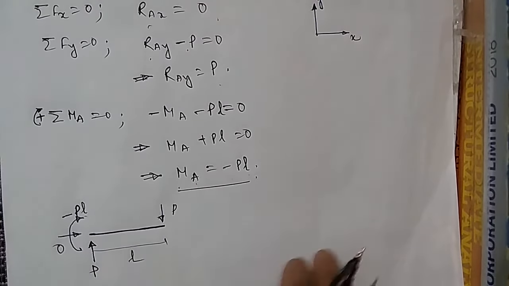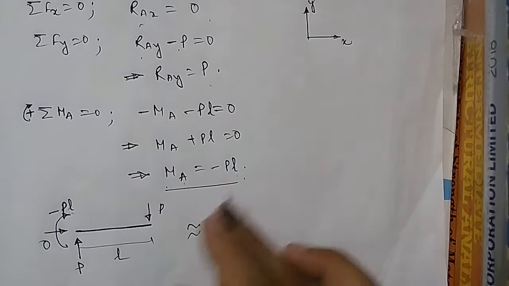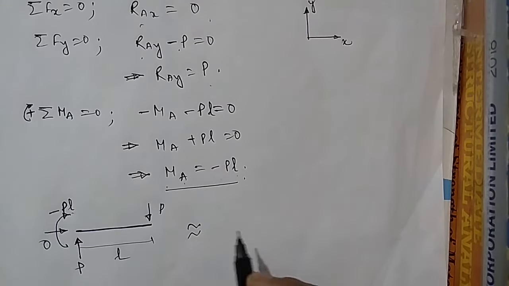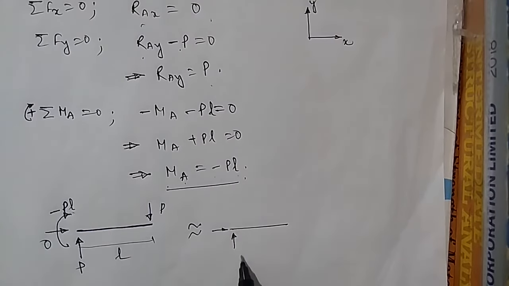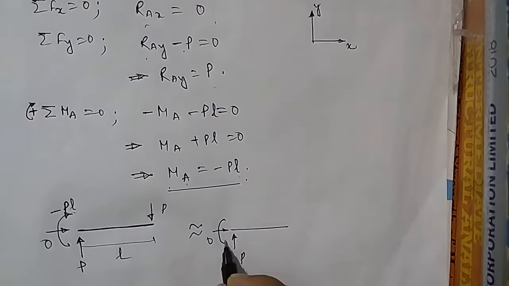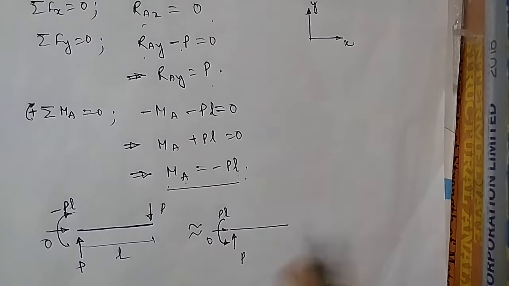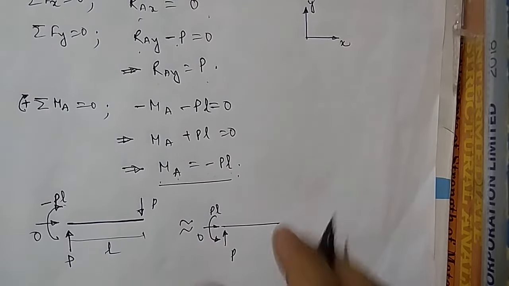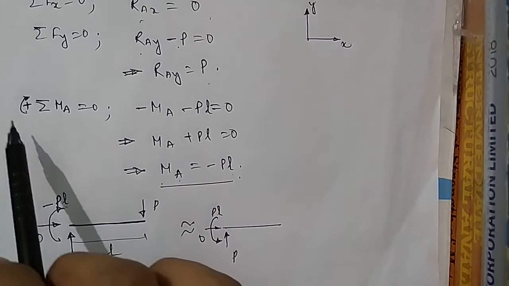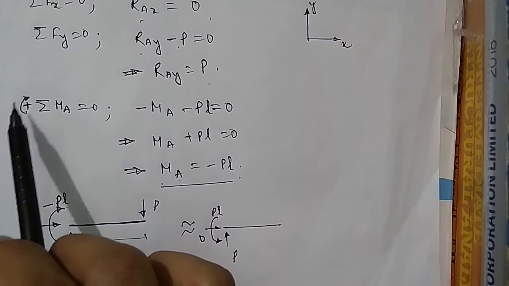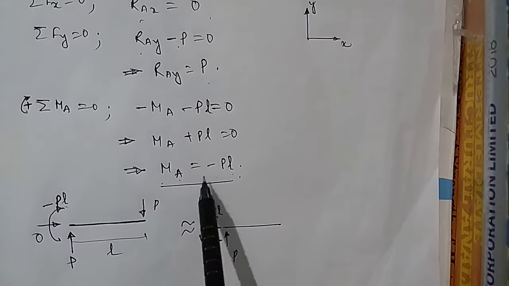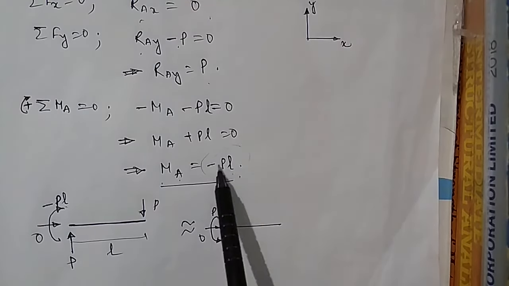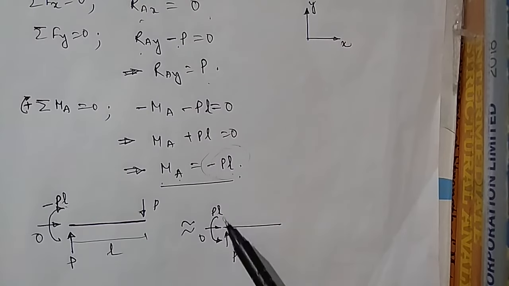If you write it as plus PL, then this one is P, 0, and this is PL. We assume clockwise is positive, so minus PL means negative, anticlockwise, so this one is PL anticlockwise.